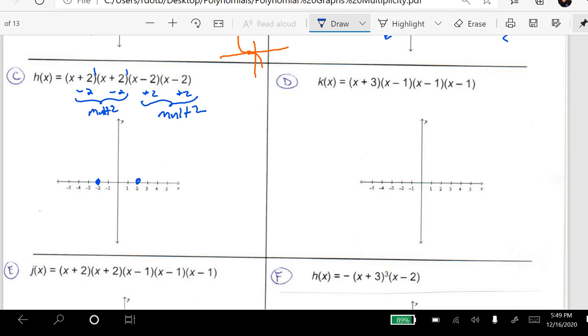Now this is 1, 1, 1, 1, which is 4th degree, so therefore it's even. And there's no negative in front here, so it's even and it's positive. Since it's even and positive, we need end behavior to go up, up. And both of these have a multiplicity of 2, so we're going to be making U's at these values.